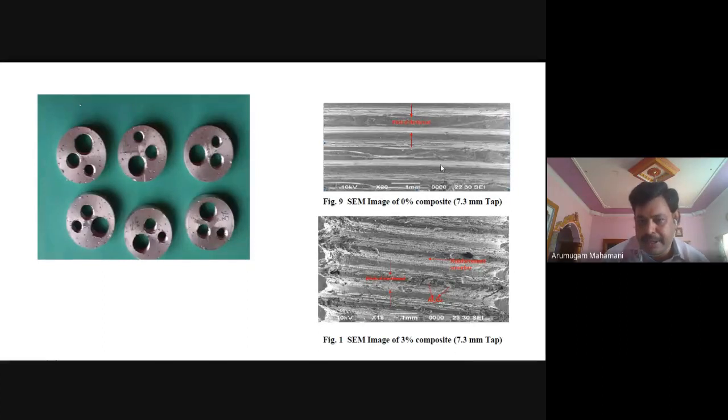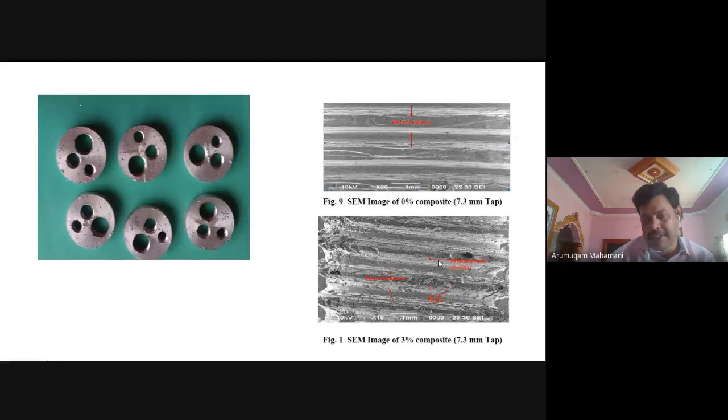Here, for the 0% composite, the threaded portion microstructure will be like this. The composite material will be like this, 3% composite. Here the tap size is constant. For the 0% composite, the pitch thickness is less, whereas here the pitch is very high.